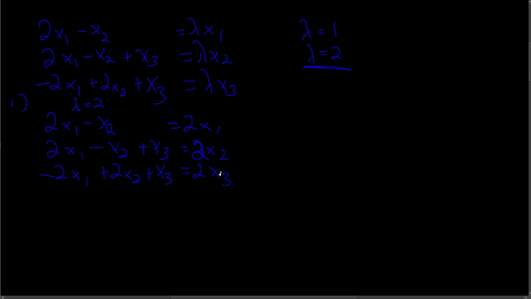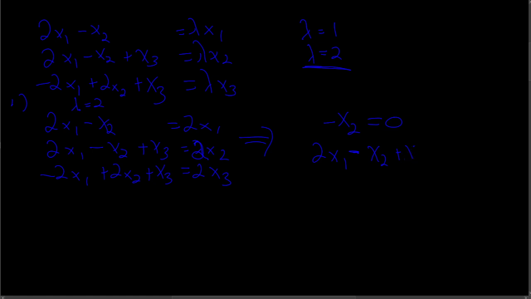And so what we can do is we can make a system of equations out of this. So I'll transform this by bringing x1 across. So I get negative x2 equals 0. I get 2x1 minus x2 plus x3.